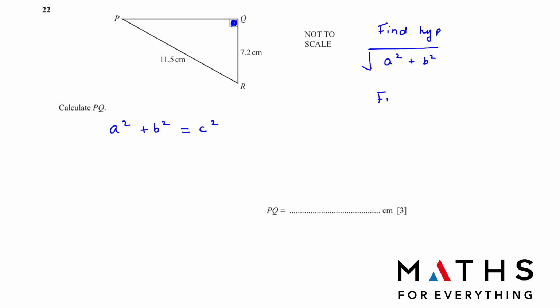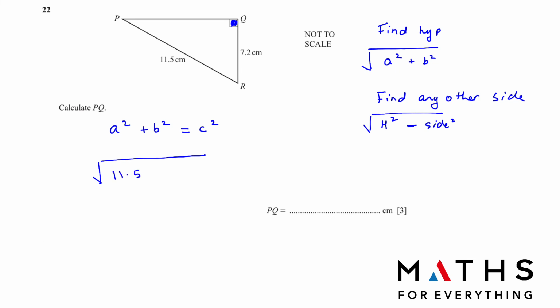To find any other side, either the adjacent or the opposite, any other side, and the hypotenuse is given to us, we write the value of the hypotenuse, square it, and subtract from it whichever side has been given to us, and square root the answer. Here the hypotenuse is given to us, which is 11.5.